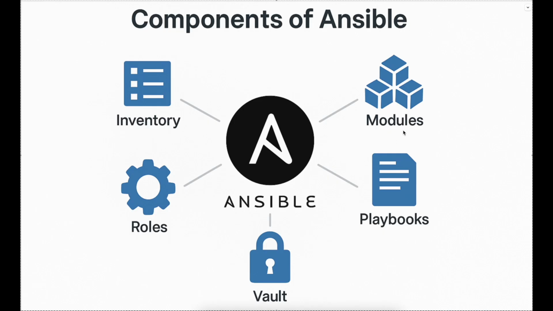Then, modules are the ones that actually perform those actions. Roles let you reuse the same setup for other projects. And Vault keeps your secrets safe. All of these together make automation simple, consistent, and powerful.